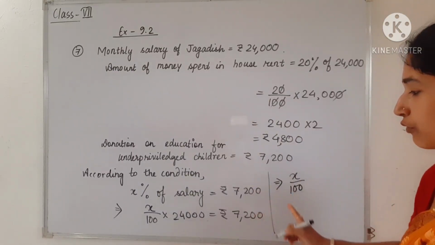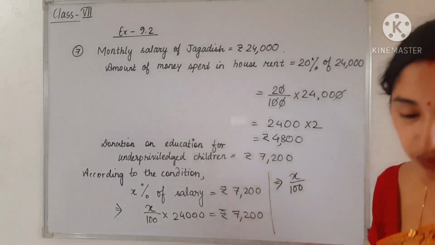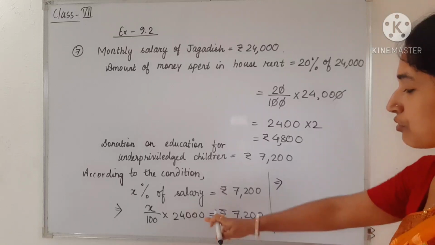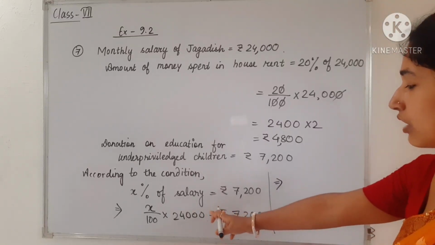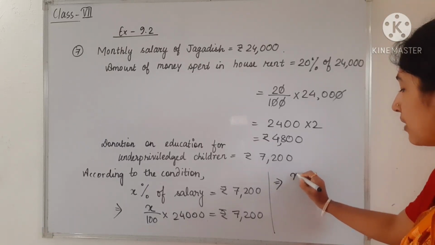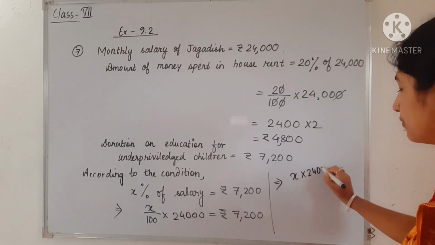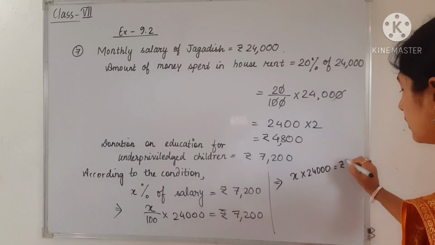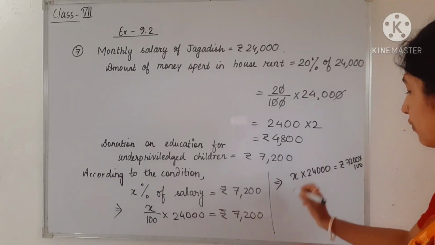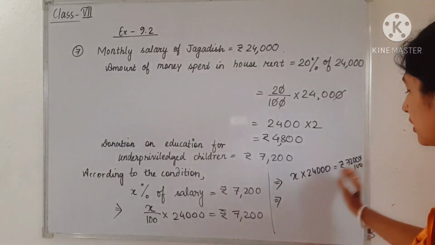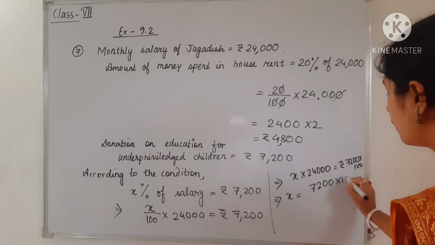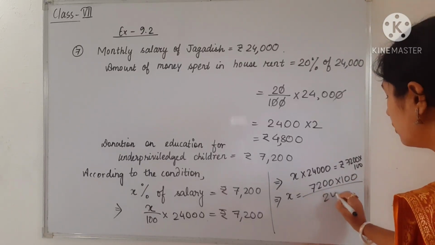When we transpose 24,000, see, you have to transfer one by one. So you can first transfer 100 also, or you can transfer 24,000 also to that side. Okay. So see, this will be X into 24,000 and rupees 7,200 into 100. Okay, 100 will go that side, it will get multiplied. So X will be equal to 7,200 into 100 by 24,000.